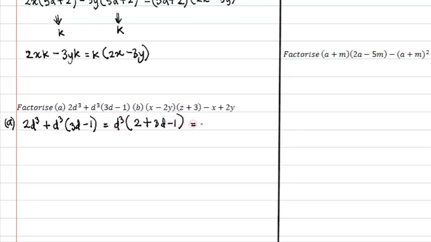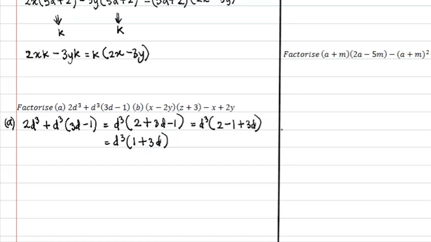Then this will be equal to d raised power 3 times bracket 2 minus 1, let's arrange it inside the bracket, plus 3d. So 2 minus 1 is still 1 plus 3d.